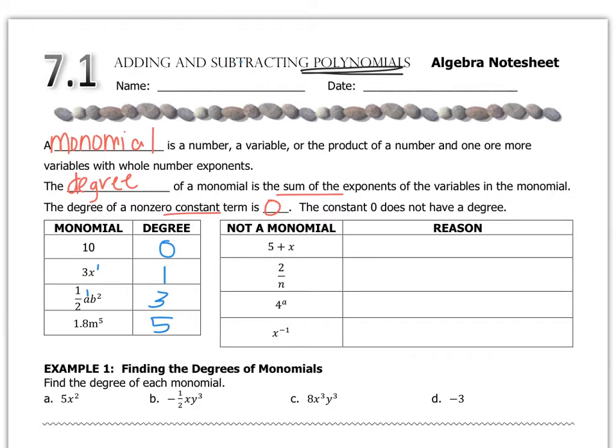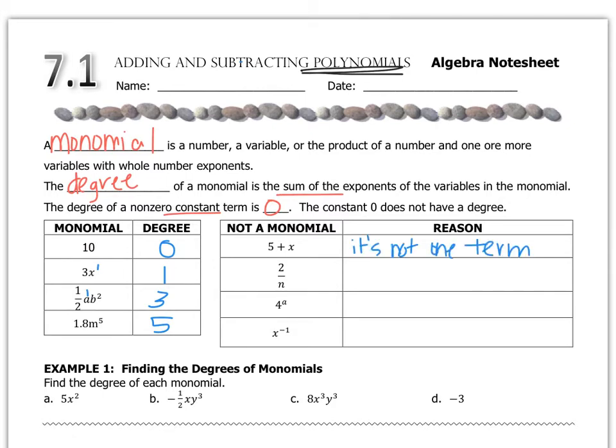Now there are a couple of things that disqualify something from being a monomial. The first thing, very simply, is that you have to have one term only. Every time you have a plus or a minus, like right here, you have multiple terms. So this thing right here has 2 terms, so it's not a monomial because it's not one term.